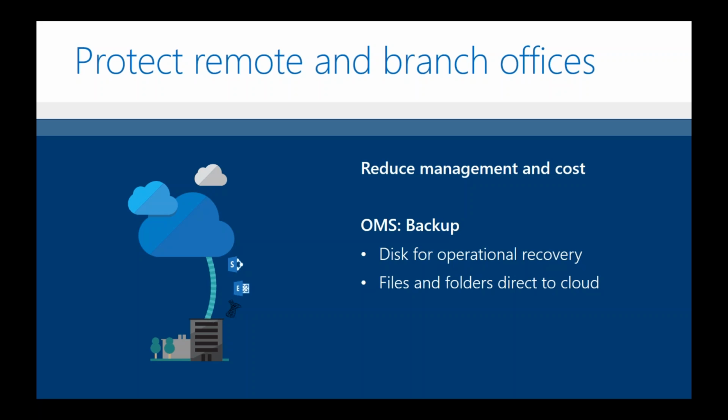This has a set of direct-to-cloud backup capabilities for Windows servers and clients, which not only reduces management headaches, but virtually eliminates backup hardware costs at those remote office and branch office locations. So you can also have quick operational recovery, and those files and folders can be recovered directly from the cloud.